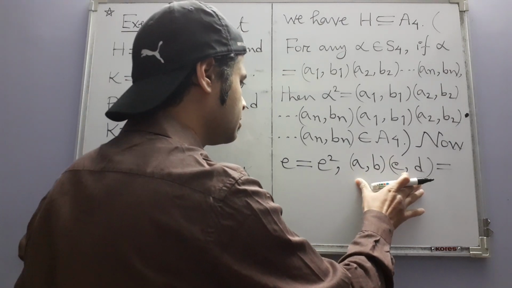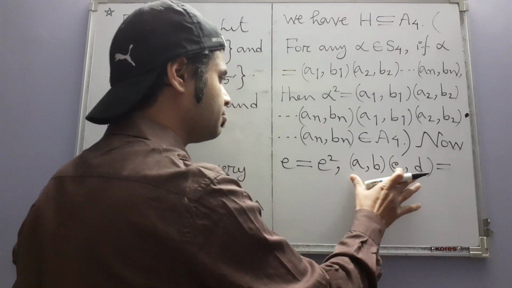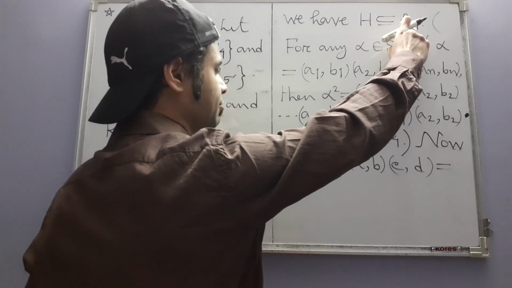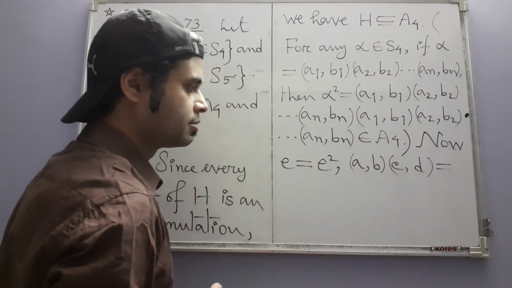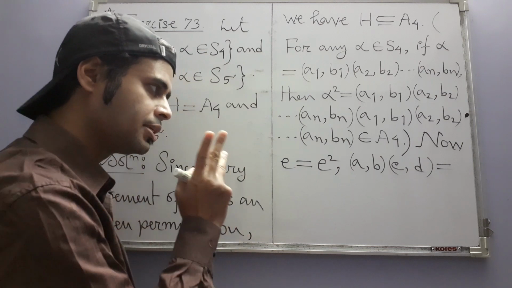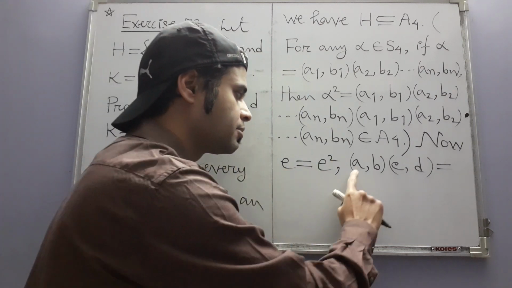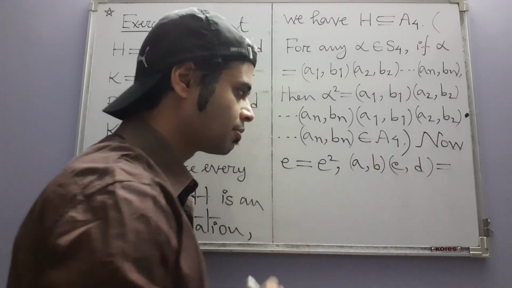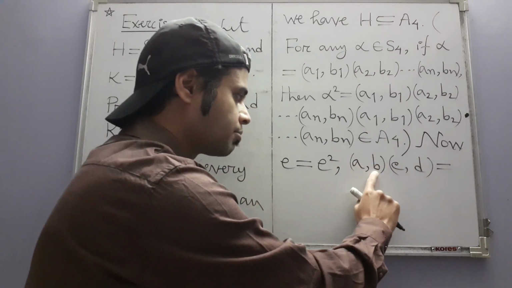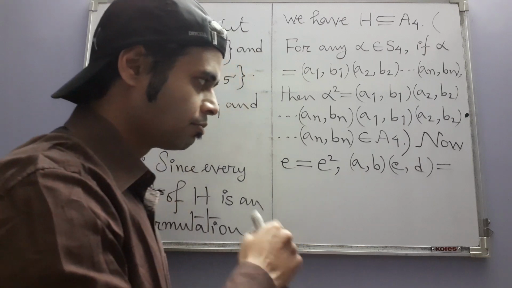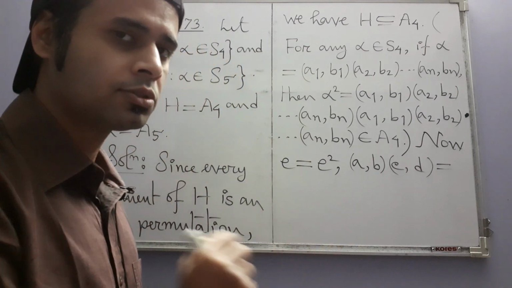Now this is one such general element in A4, and actually there are precisely 3 elements in A4 of this form. One of them is (1 2)(3 4), then (1 3)(2 4), and one more, (1 4)(2 3).